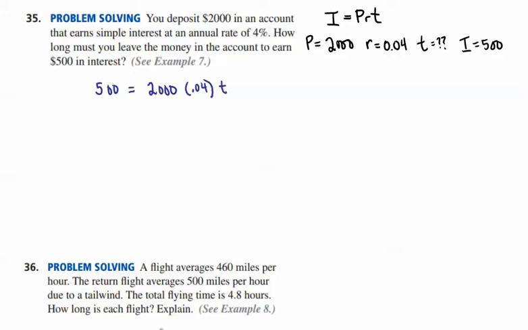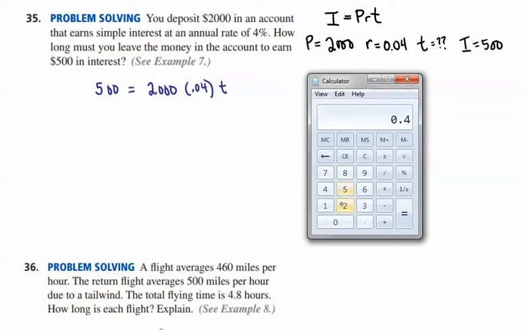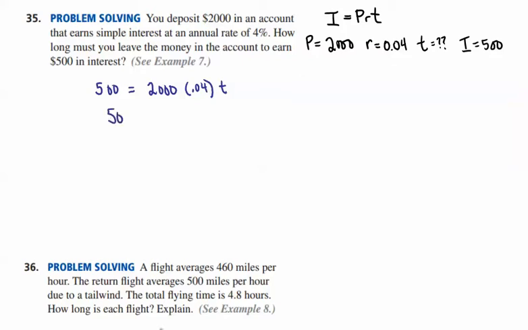So all we really need to do at this point is to simplify and to solve for that T. So I'm going to bring up the calculator, and we have 2,000 times 0.04 gives us 80. And so we have 500 is equal to 80 times T.